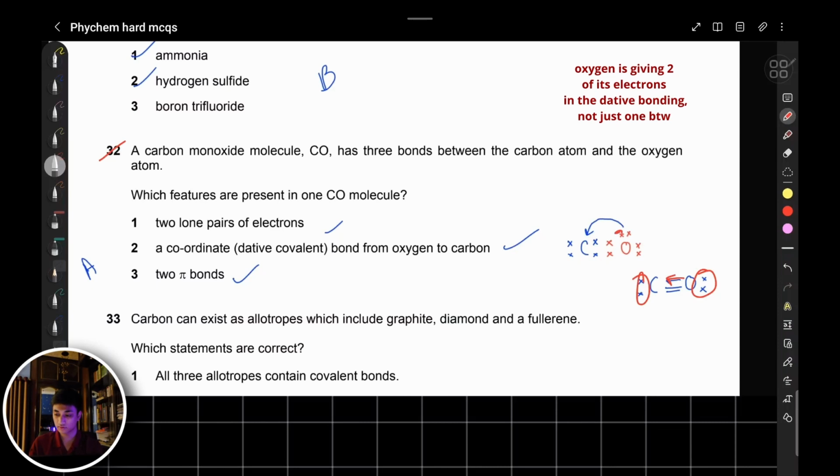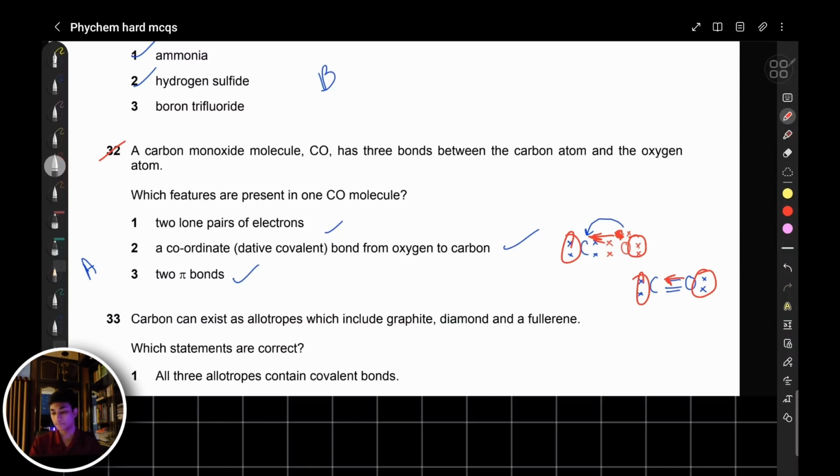It's not really shared. The oxygen gives that electron to the carbon atom. So there are only 2 lone pairs of electrons, and a coordinate dative bond from oxygen to carbon atom. There is one dative bond where oxygen is providing carbon with 1 electron.